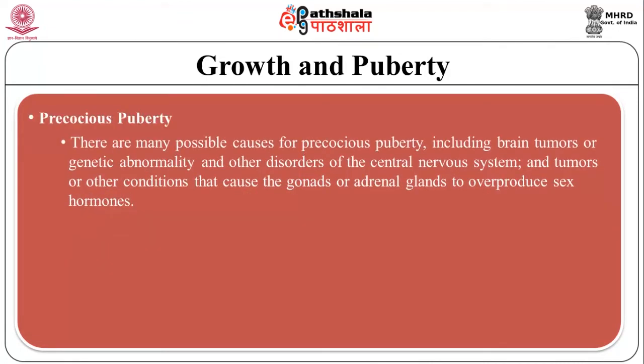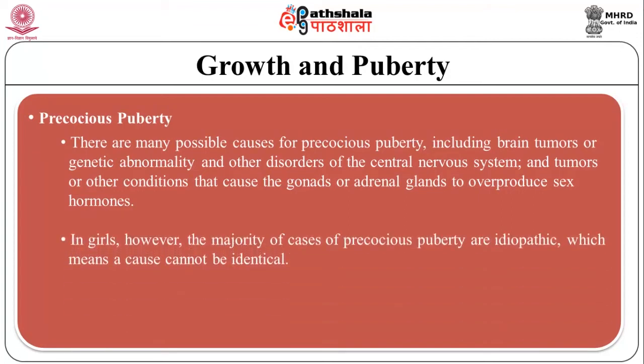There are many possible causes for precocious puberty, including brain tumor or genetic abnormality and other disorders of the central nervous system, and tumors or other conditions that cause the gonads or adrenal glands to overproduce sex hormone. In girls, however, the majority of cases of precocious puberty are idiopathic, which means the cause cannot be identified.